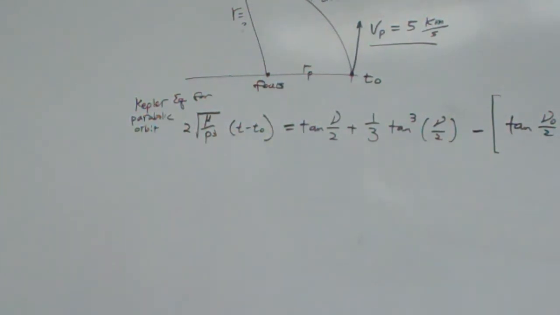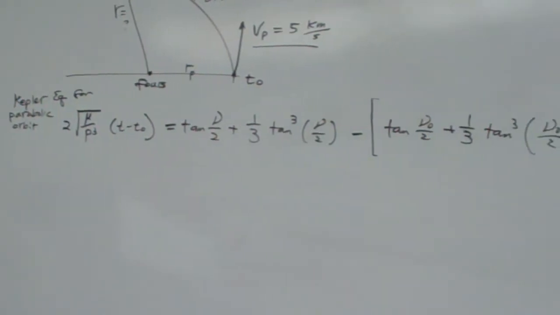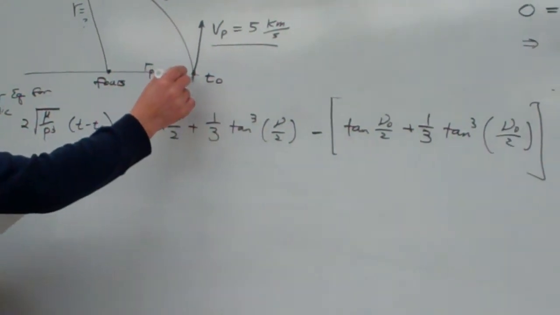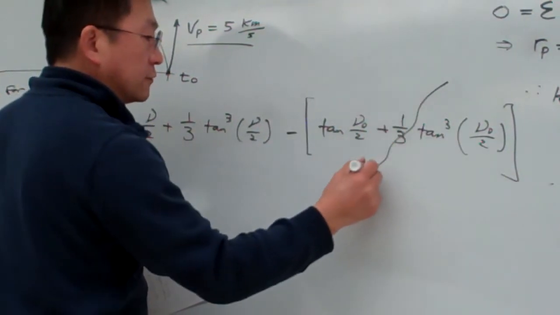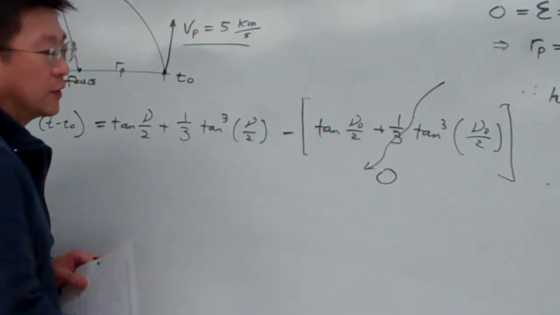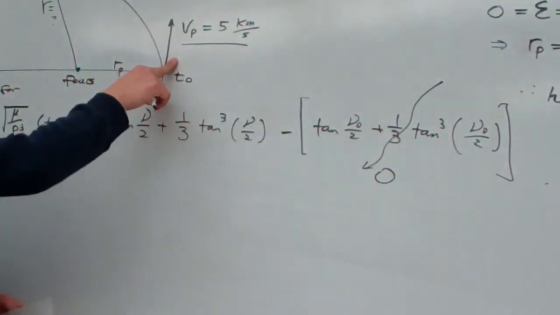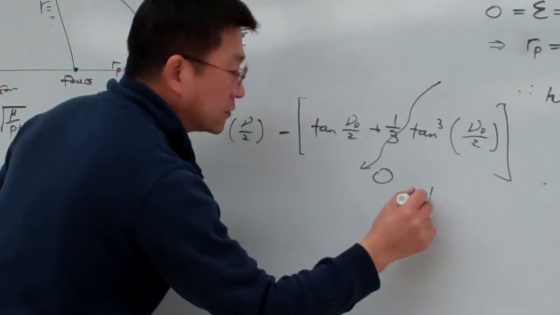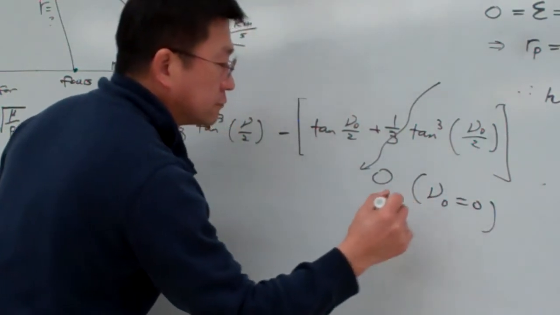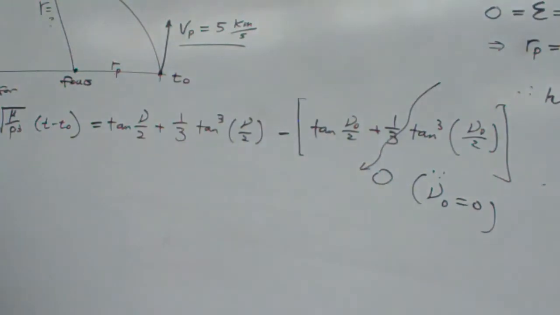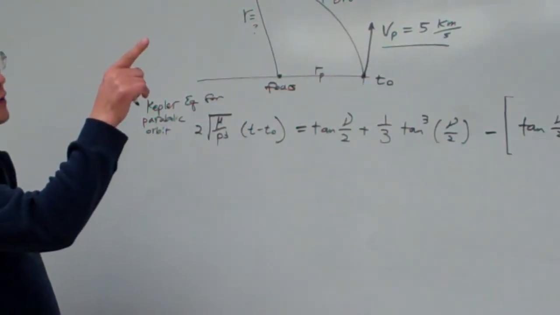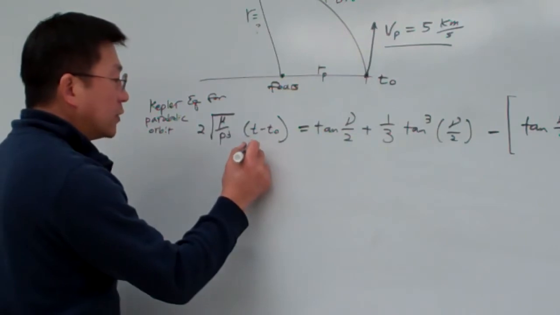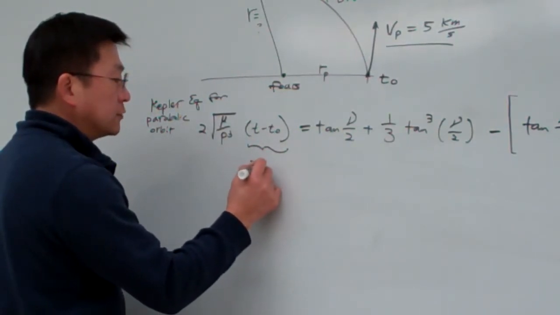So we see what things we need. At the beginning, we pick the perigee as the reference point, so this term will be 0, because we're starting from perigee. So the true anomaly, the angle, is 0. And now we say 3 hours after passing the perigee, so this one is 3 hours.